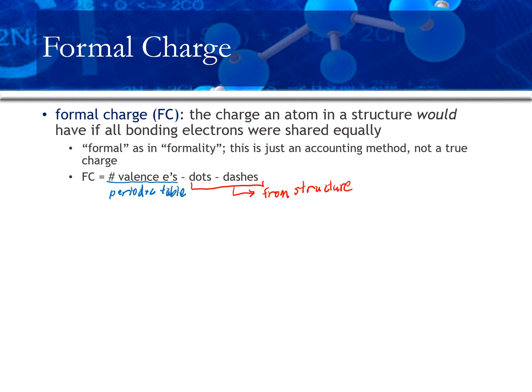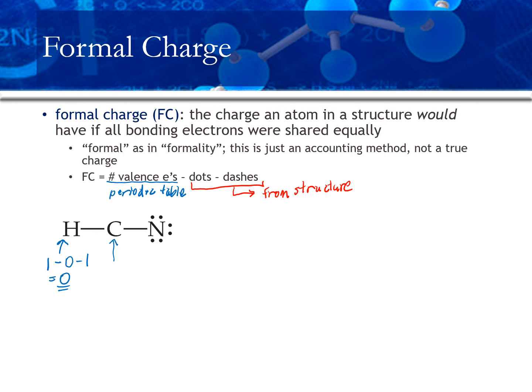Okay, so let me look at some examples here. In the provisional Lewis structure shown here, if I count up the formal charges, hydrogen has a valence of 1. It has 0 dots, and it has 1 dash, so the formal charge is 0.